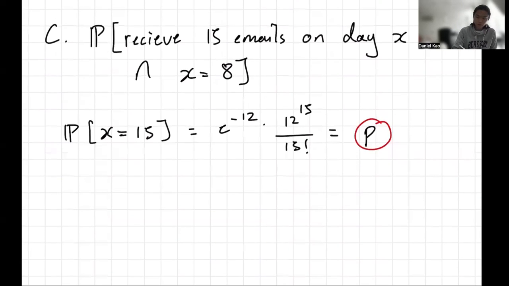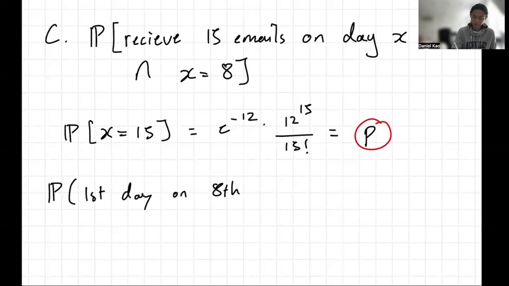So the probability that the first day is on the 8th should be, well, we have to have failed to get 15 emails on the first 7 days, so we have 1 minus p to the 7th power.